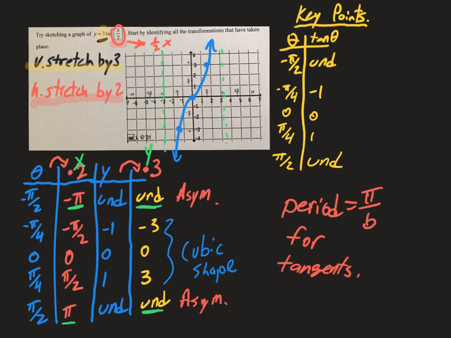So that is a helpful piece of information and something we should keep track of. So in this case, my b value ends up being 1/2, that horizontal transformation. And I've got π/(1/2), which leads me to 2π for this specific one, okay? But this is the general formula for tangent periods, okay? The reason we want that is really that's how we're going to come up with that equation for asymptotes and stuff as well, okay?